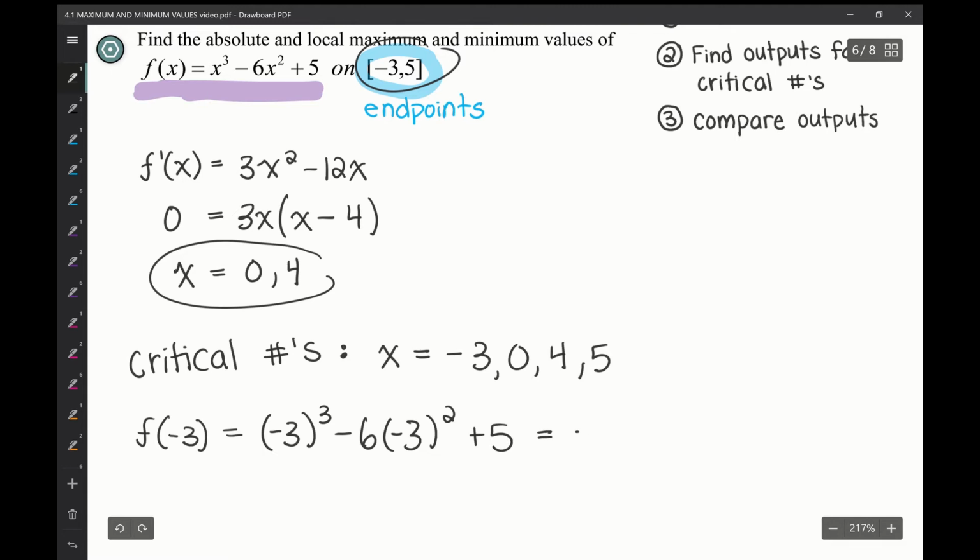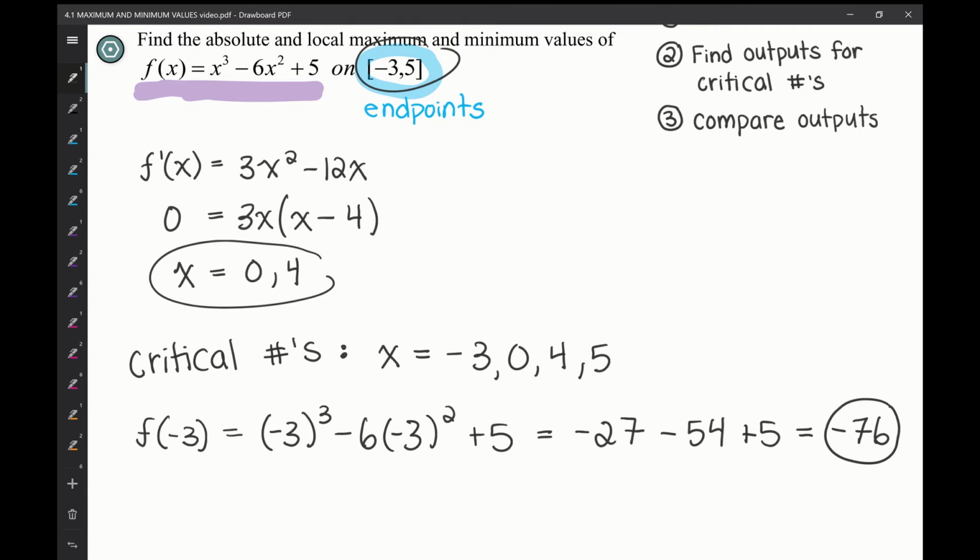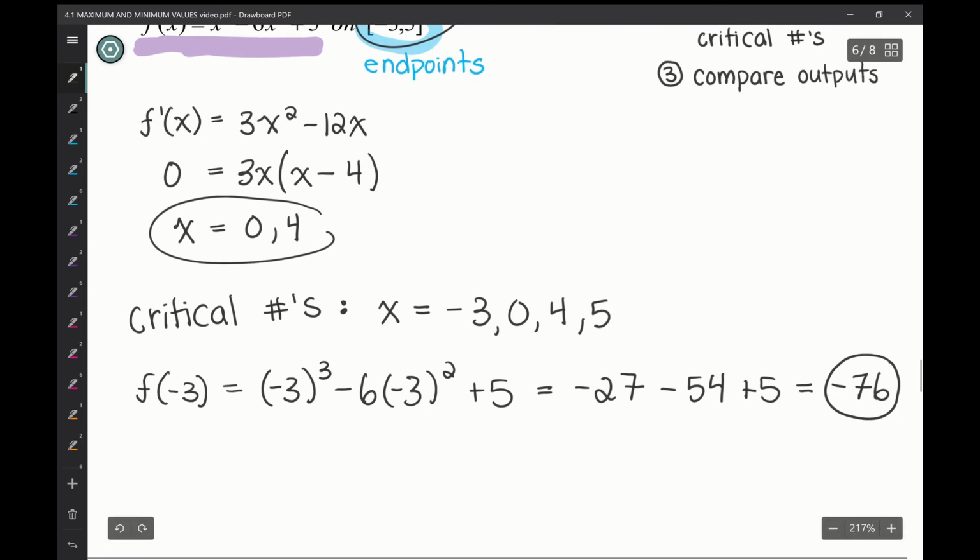Negative 3 cubed gives us negative 27. Then we have negative 6 times negative 3 squared, which would give us minus 54, plus 5, which is all equal to negative 76, which I'll circle so it's a little easier to find later on. So we've checked x equals negative 3.